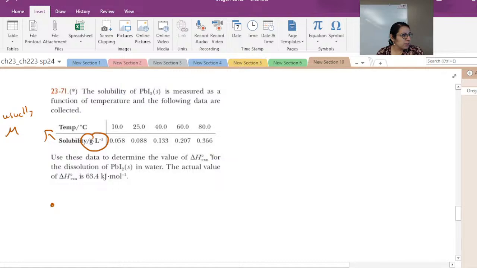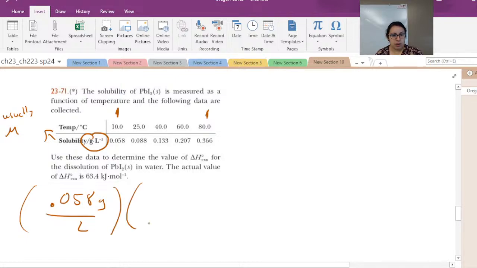And so what I would do is let's pick two values. It doesn't really matter. We might want to pick the more extreme ones to try to get a bigger difference. So looking at the solubility at 10 and looking at the solubility at 80. And so let's convert them. So we're at 0.058 grams per liter, but we need moles per liter.